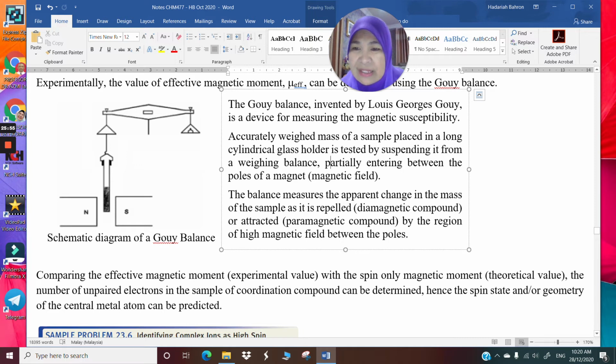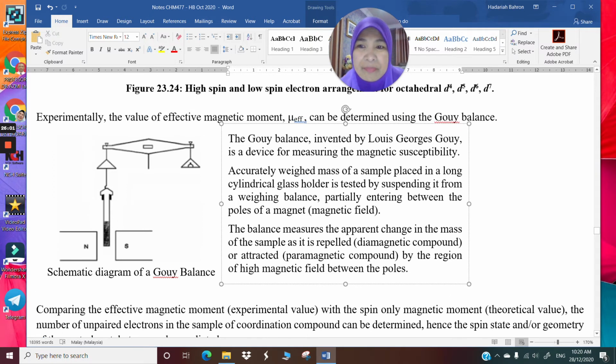So this space has applied magnetic field. A paramagnetic compound will be pulled into the magnetic field. So when you weigh your compound, it will appear more heavy when you turn on the magnetic field. And heavy by how much, the calculation will tell you how many unpaired electrons.